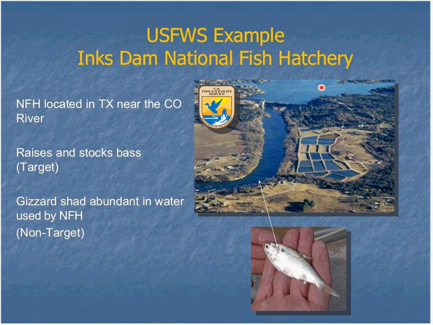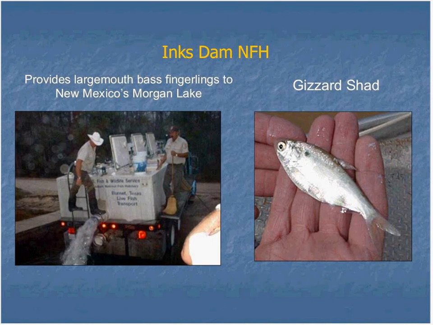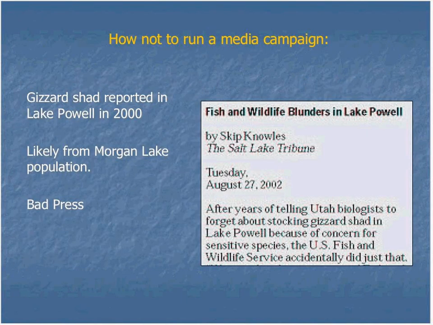The water that they use for the hatchery has shad. They stocked Morgan Lake with largemouth bass, and accidentally moved gizzard shad with that. Gizzard shad were reported in Lake Powell in 2000, and they were likely from this Morgan Lake population.